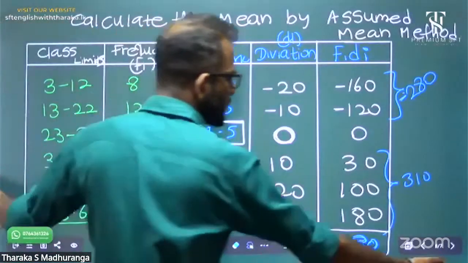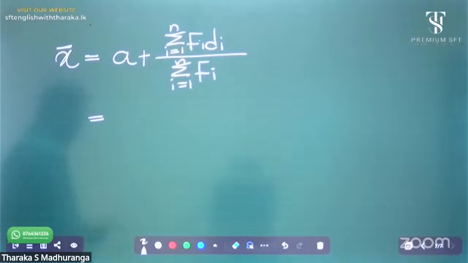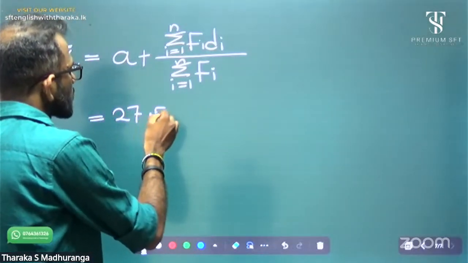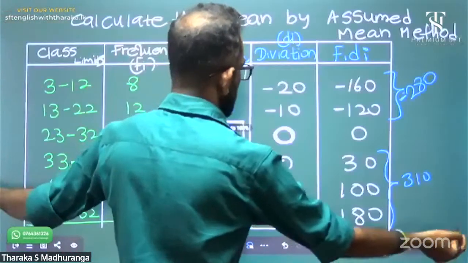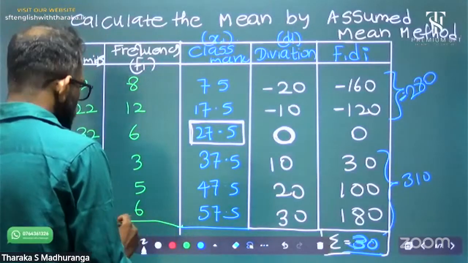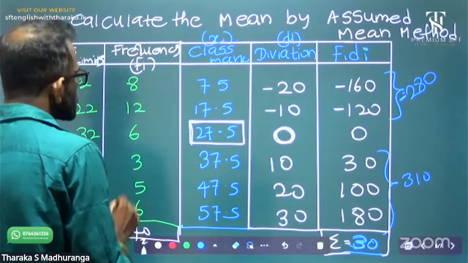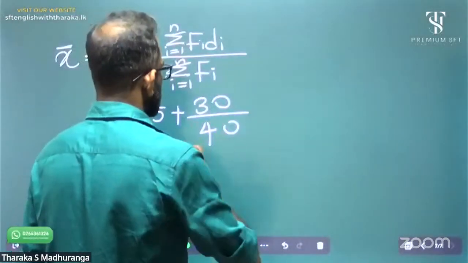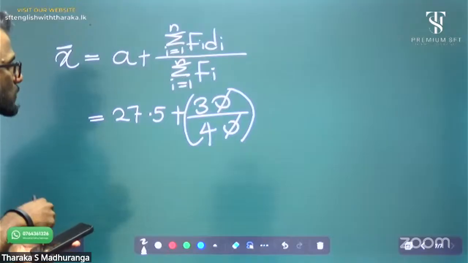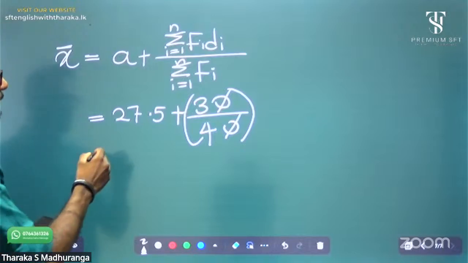The assumed mean, class mark 27.5. 27.5 plus sigma fidi 30 over sigma fi, 40. Then 30 over 40 is 3/4, 0.75.